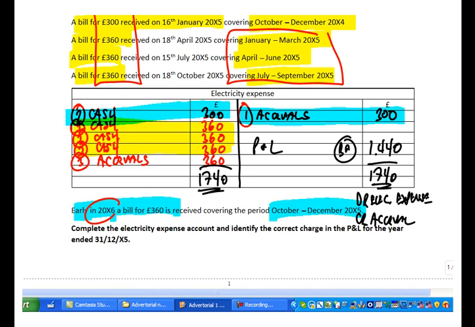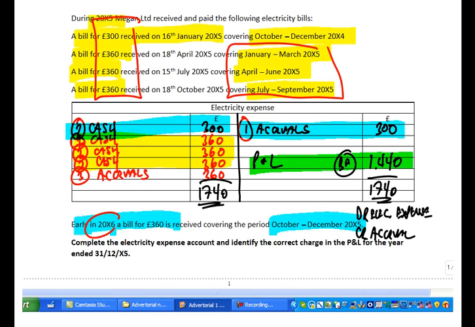In fact, we can check the logic of that 1440, because we saw, didn't we, that for the bills that relate to XD5, the 3 we'd actually received, plus then the extra bill that was going to come through in the following year, you can see that those bills, £360 per quarter, or £120 per month, and £120 per month for 12 months, does give me a total of £1,440. So actually that's correct.